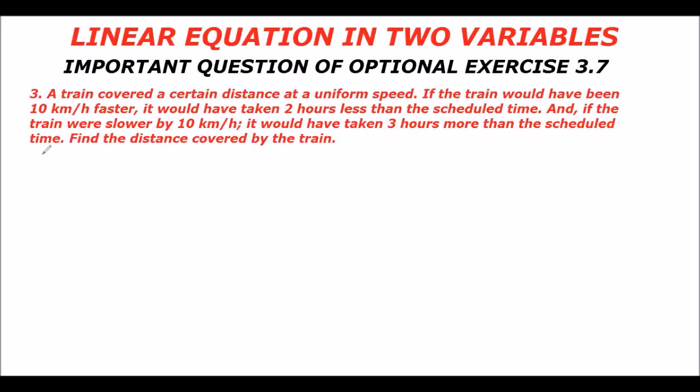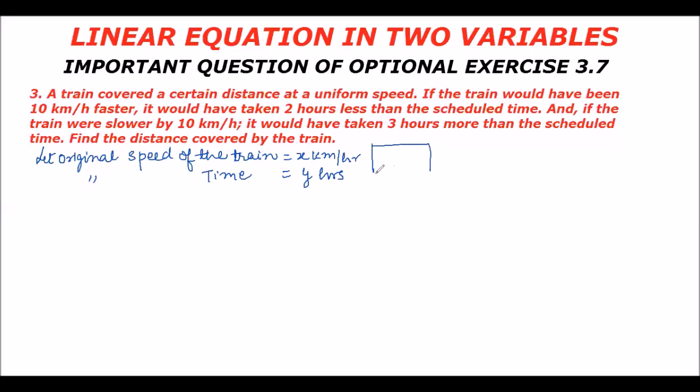So children, you will assume let the usual speed, the original speed of the train, is x kilometer per hour. And the original time is y hours. Whenever you are solving distance and time related questions, you have to remember this formula that speed is always equal to distance upon time.